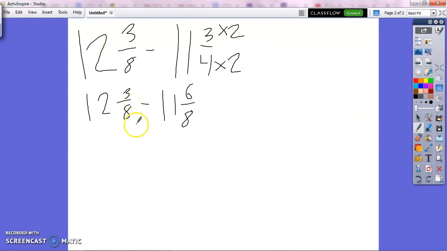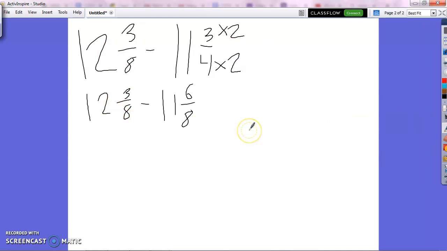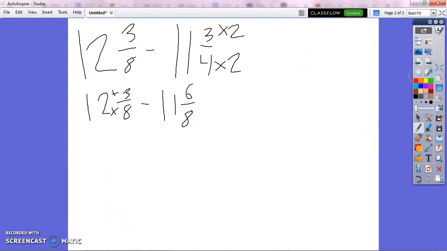So then that's easier. Right here, you're going to multiply the denominator and the whole number, and then add the numerator, sorry. So then I'm going to get 12 times 8 is... 86. Wait. 94.